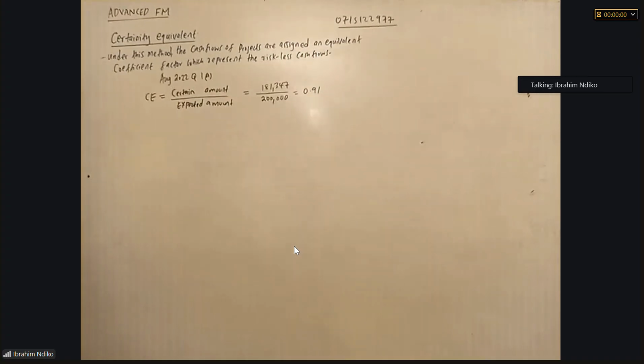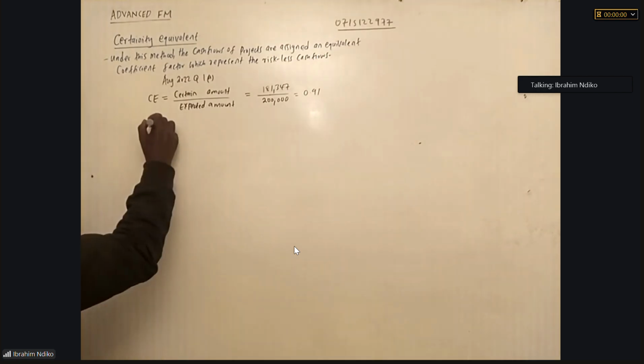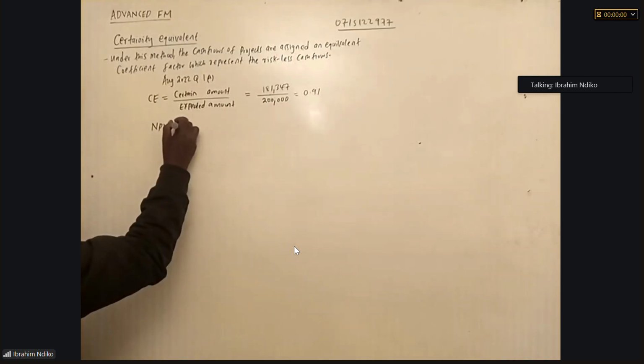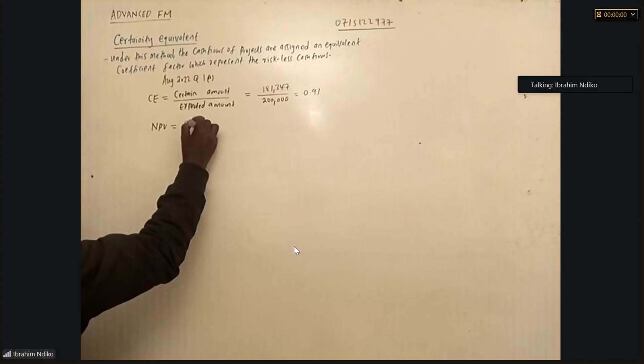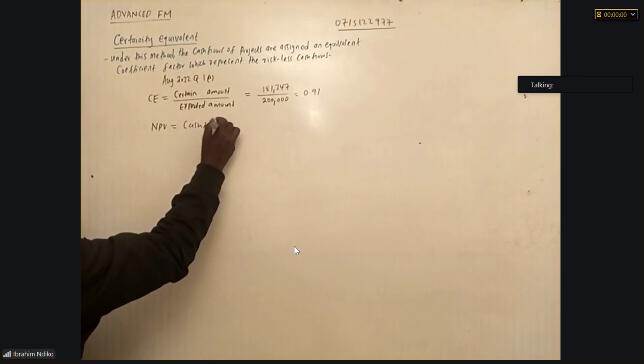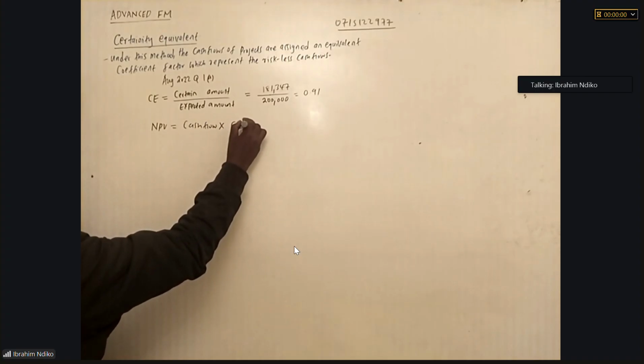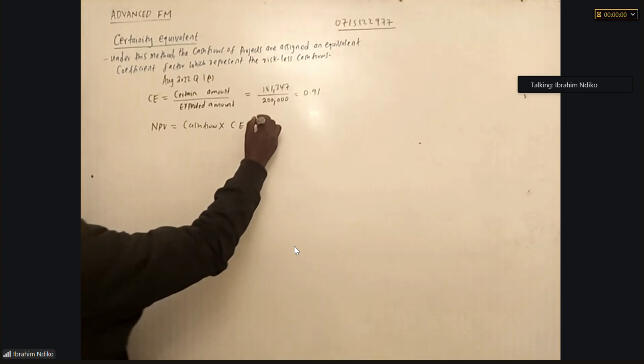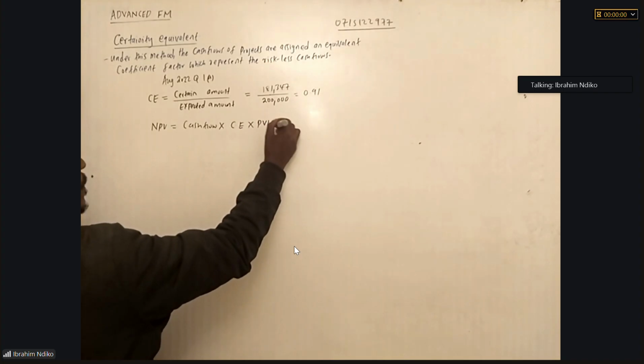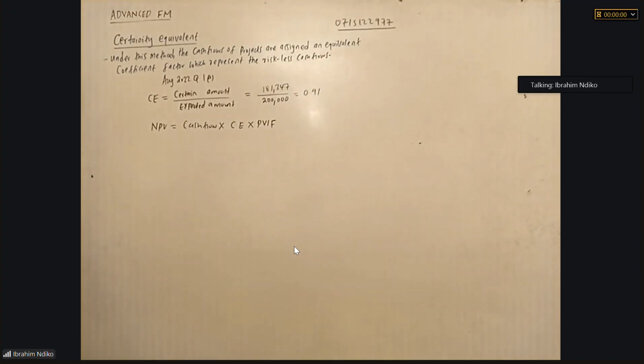Are we okay? Yes. So meaning our NPV is our cash flow times the certainty equivalent times the present value interest factor. What was the rate?